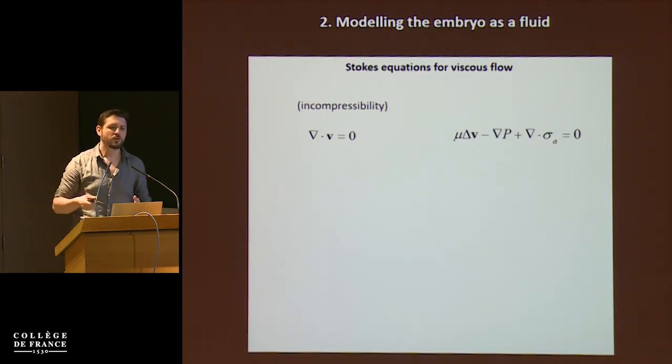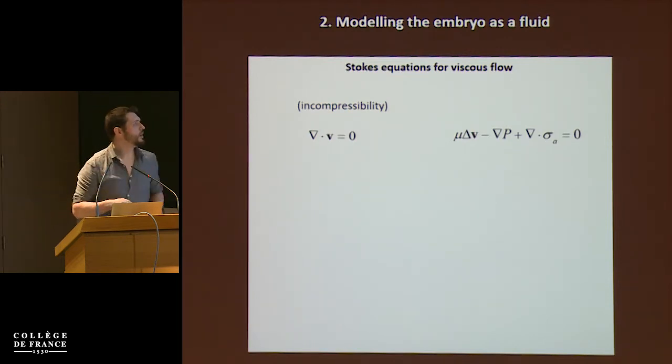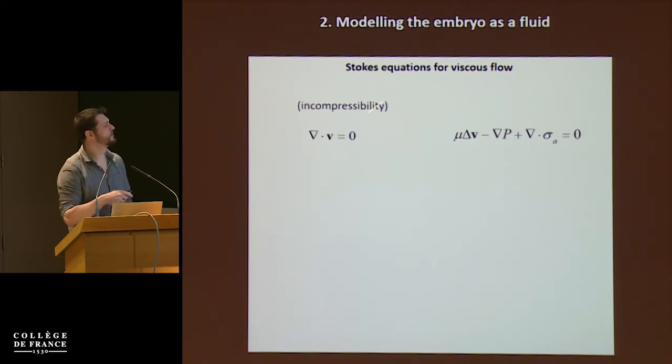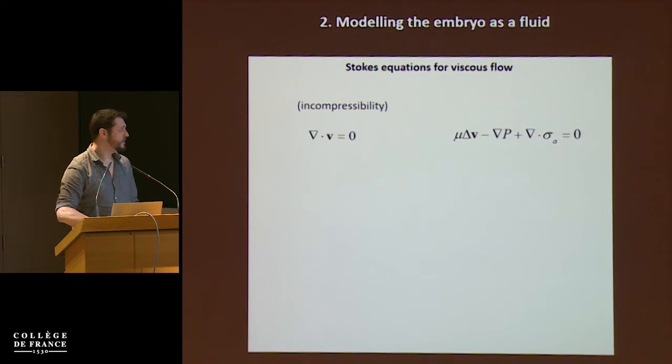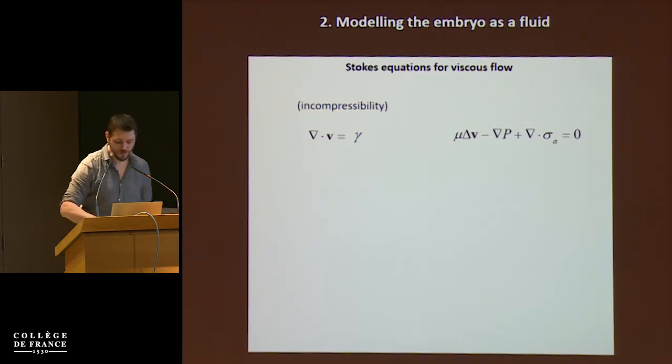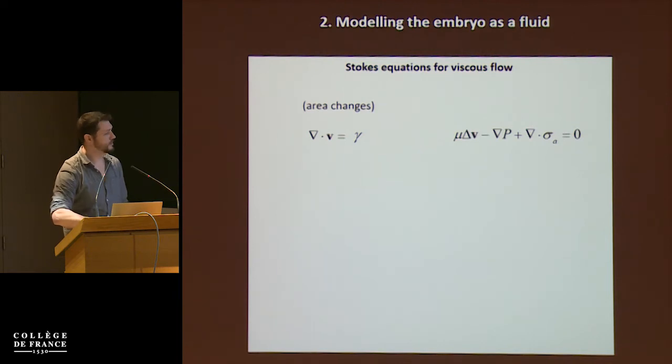Can we now model the embryo as an incompressible fluid? So this is the equation for the incompressible fluid, the Stokes equation. And what Francis did was to take a trick and say that this is an incompressible fluid, but that the divergence will be prescribed, meaning that this divergence is given by the area changes.